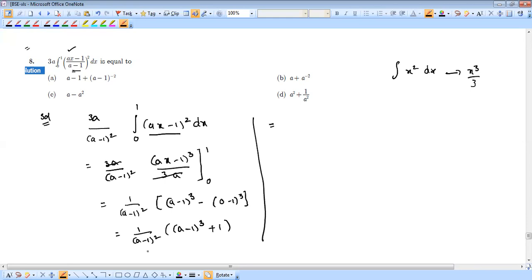So (a minus 1) whole cube by (a minus 1) whole square first, and 1 by (a minus 1) whole square. The 1 cancels here, so it is (a minus 1) and (a minus 1) to the power minus 2. So option A is the right answer.